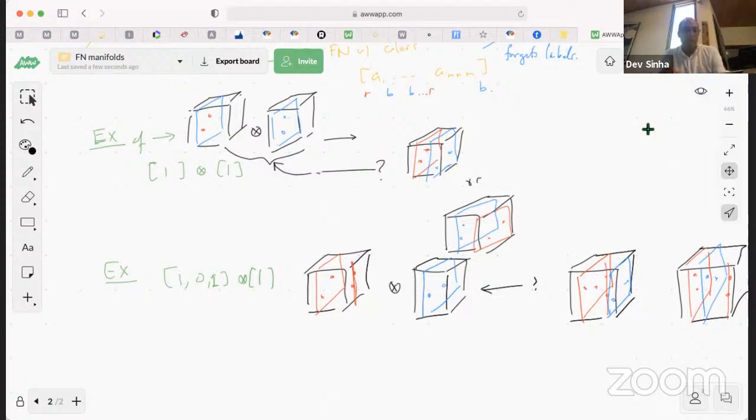And in general, what you do is you shuffle the blocks.